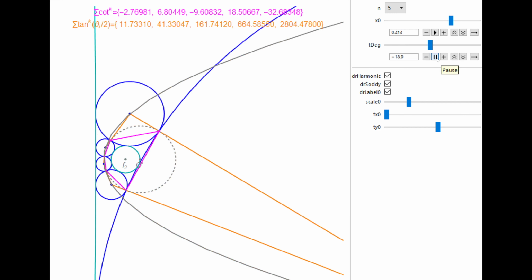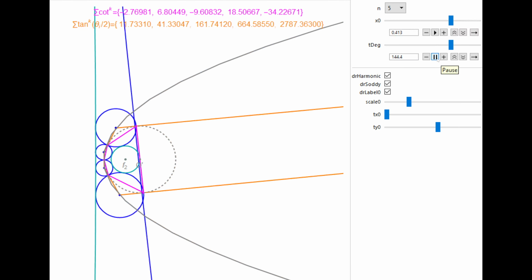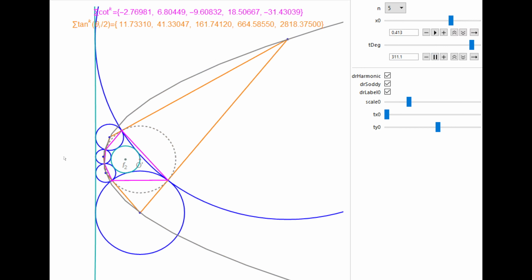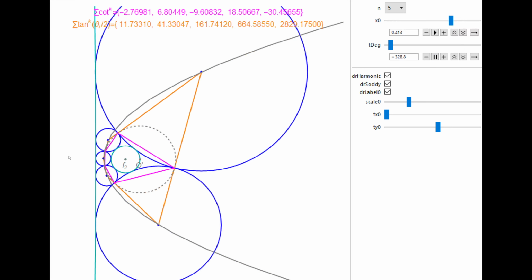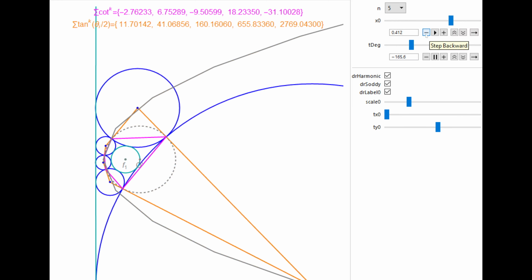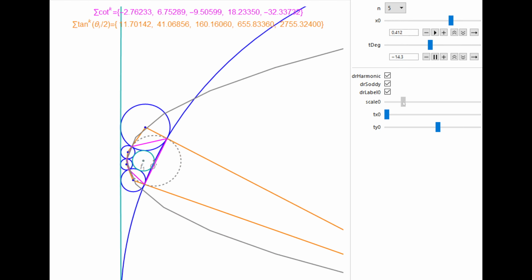Now you can see here that not only has the orange family become parabola inscribed, and ignore this little jump to the left, it's because I'm slightly away from the degeneracy. If I go back to the degeneracy like that, it's not going to jump anymore. But look at what happened to the outer Soddy circle. Let's scale out.